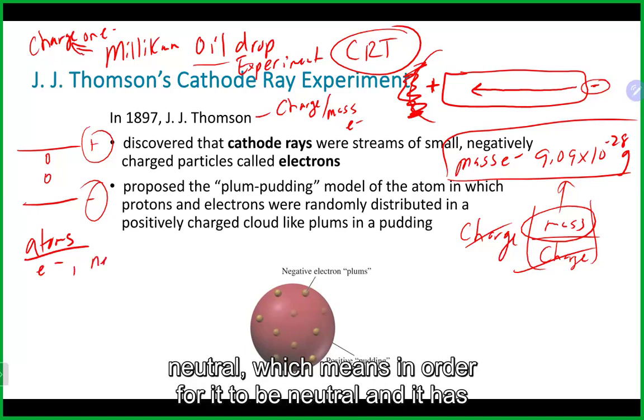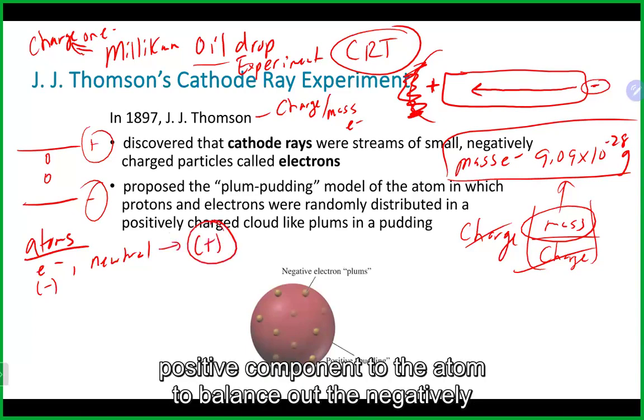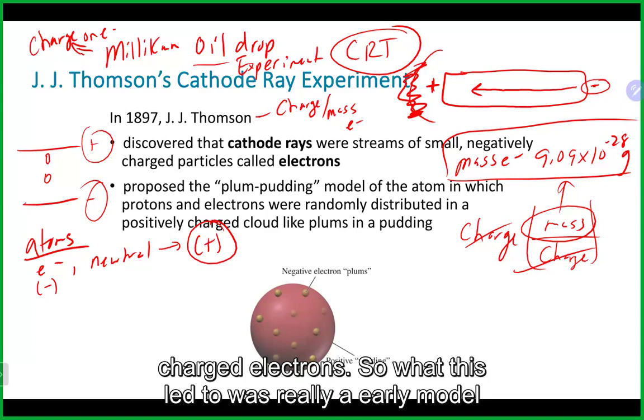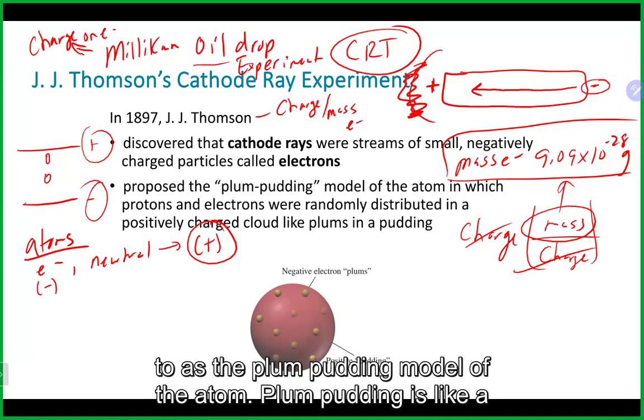In order for it to be neutral and have negatively charged electrons, there has to be some type of positive component to the atom to balance out the negatively charged electrons. So this led to an early model of the atom, done by Thomson, which is referred to as the plum pudding model of the atom.